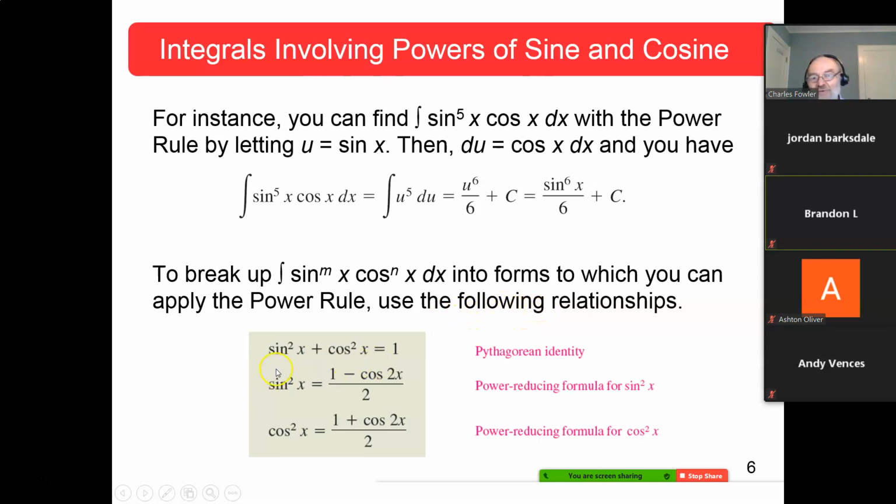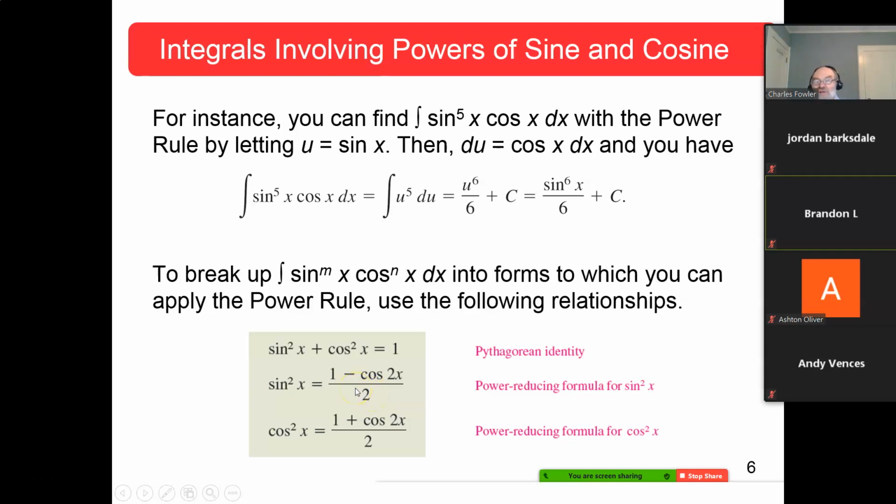And here they are, your favorites of all time, the Pythagorean identity: sine squared x plus cosine squared x is equal to 1. And then the one we used in the last section, sine squared x is equal to 1 minus cosine 2x over 2. Now what did this do for you?